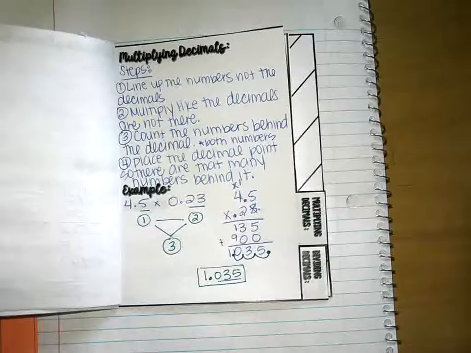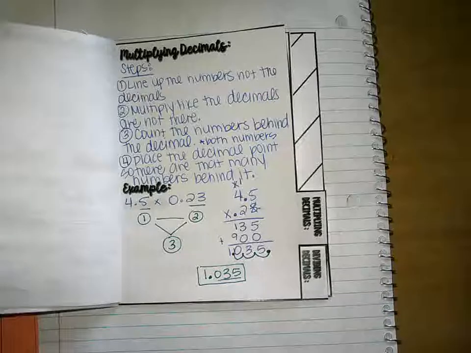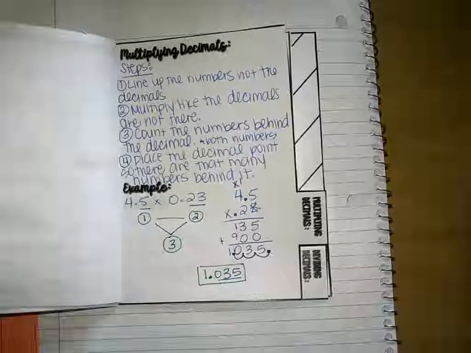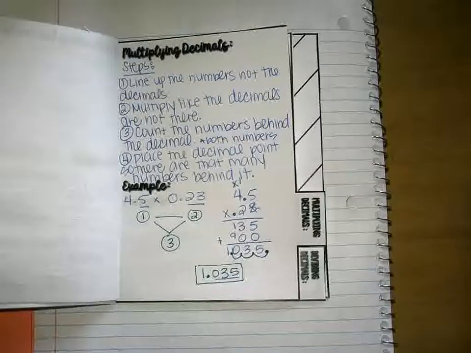If I need 2 numbers after my decimal, I need 2 numbers after it. If there are 3, there are 3. 4, 4. 5, 5, so forth and so on.